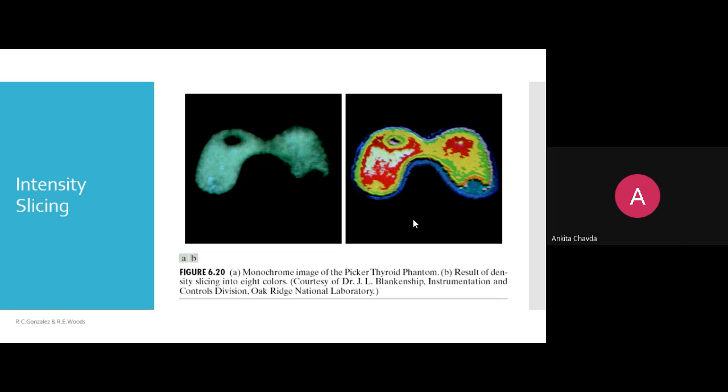So now what I have done is intensity slicing. If the intensity values are between 0 to, suppose, 50, then one color is assigned, that is blue. Because here the outer line, you can check, this is the outer line, no? This we can find as just similar to the background black color.